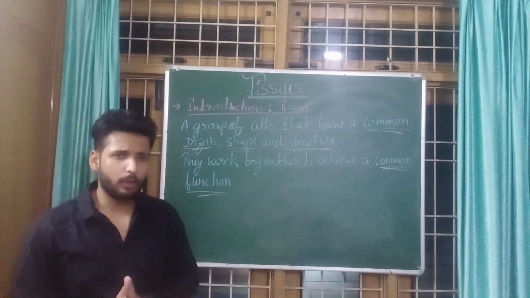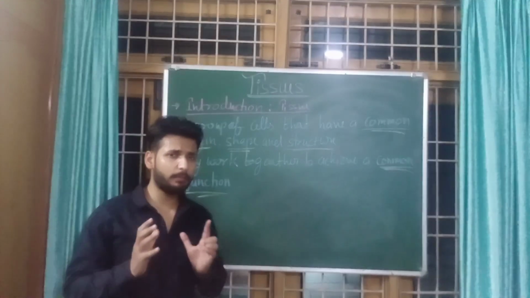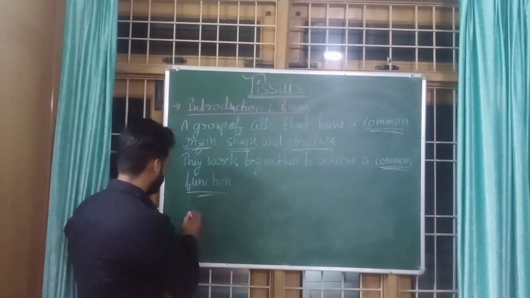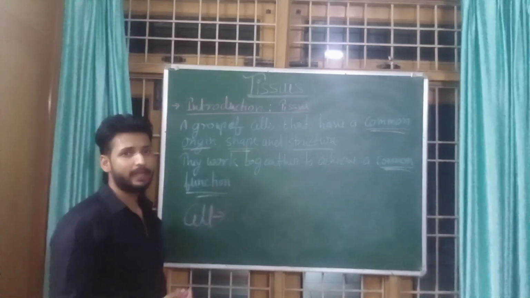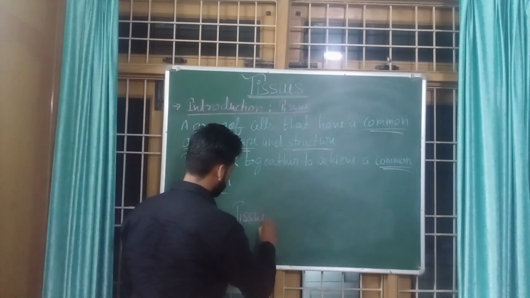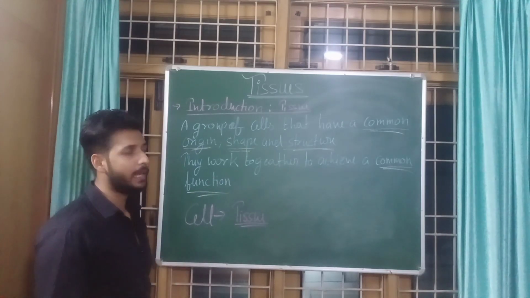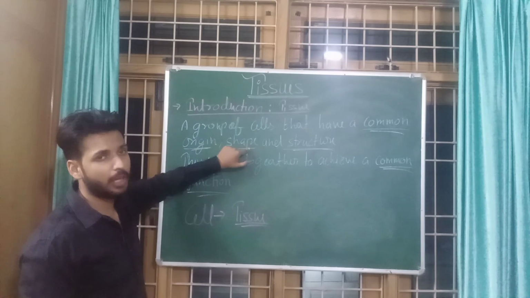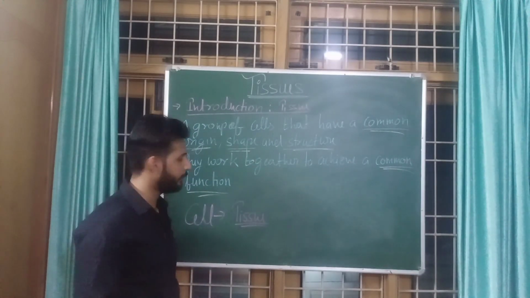If we are talking about the formation of multicellular organisms, so we can say that a multicellular organism is formed of many cells. The cells combine to form tissue. Here we can say tissue is a group of cells which has a common origin, shape, structure and performs a specific function.